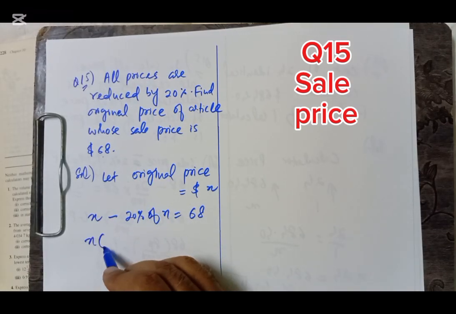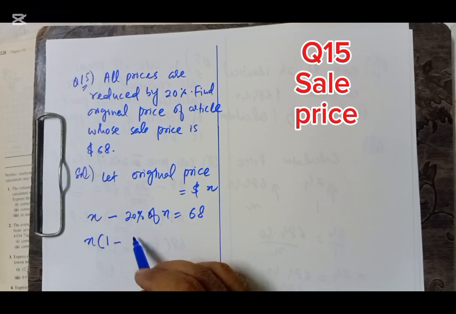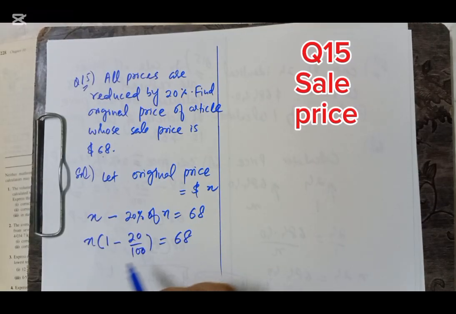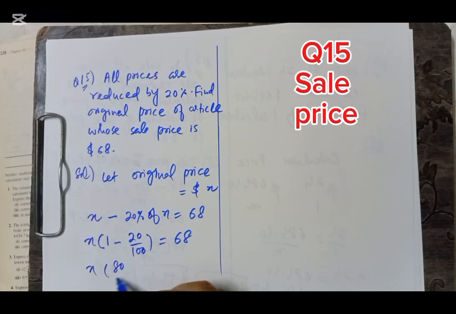So X can be taken common. The first value will become 1, and the second value will become 20 upon 100, is equal to 68. Now we need to make X the subject of the formula. This will become 100 minus 20, 80 upon 100, is equal to 68.